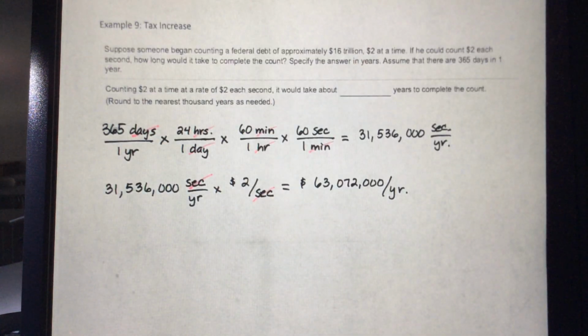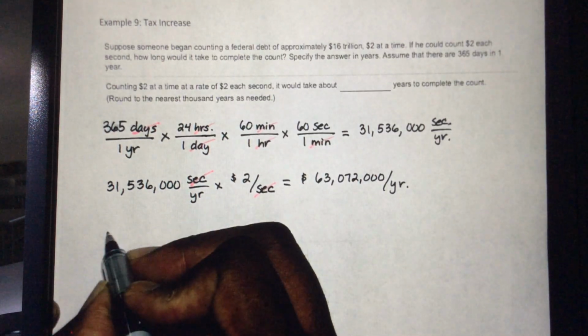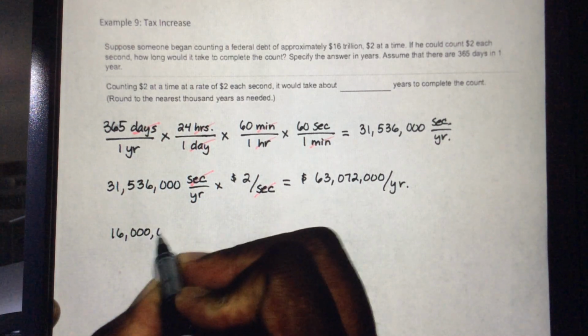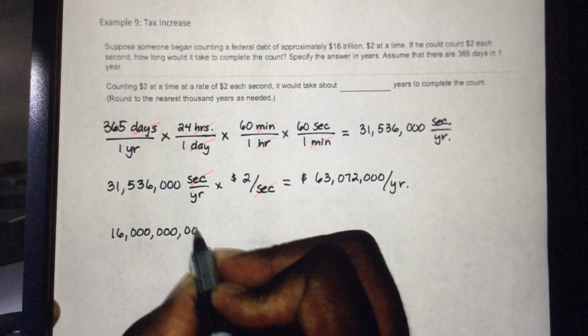Okay. And the federal debt is approximately $16 trillion. Well, that 16 trillion means 16 with 12 zeros behind it.